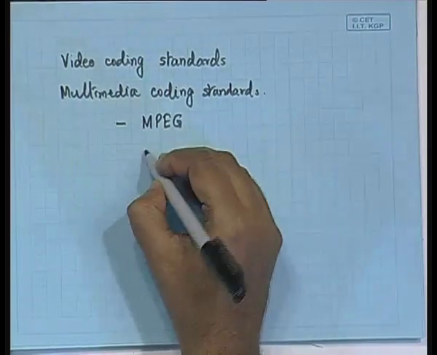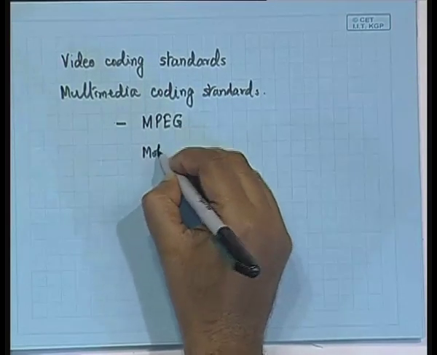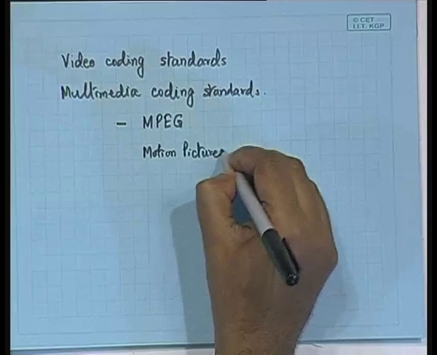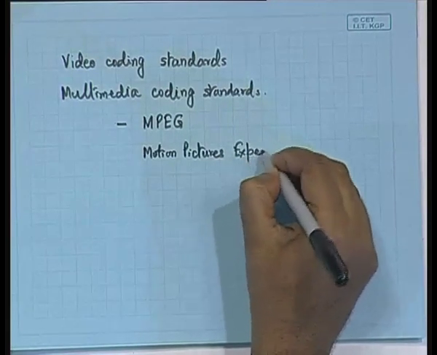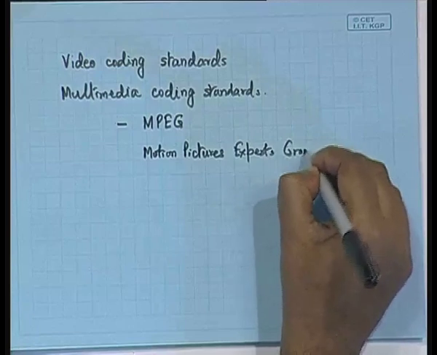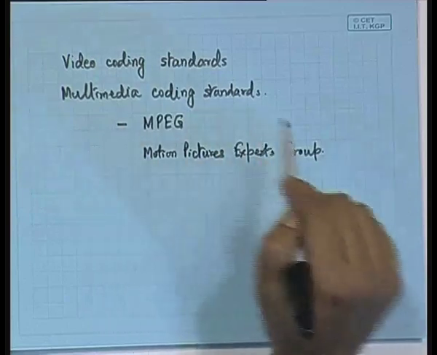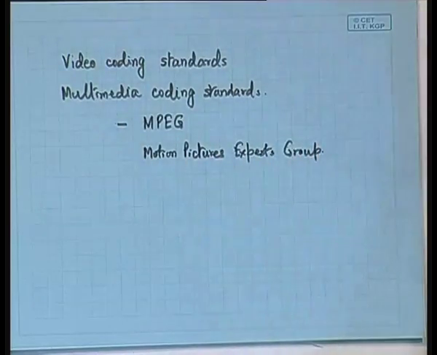The full form of MPEG, as most of you will know, is the Motion Pictures Experts Group. So, MPEG was the body who had formulated the multimedia coding standards. When they said multimedia coding standards, naturally it is not the video alone, but video along with audio that they had to cater for in their standard. And even aspects like the synchronization between the audio and the video.